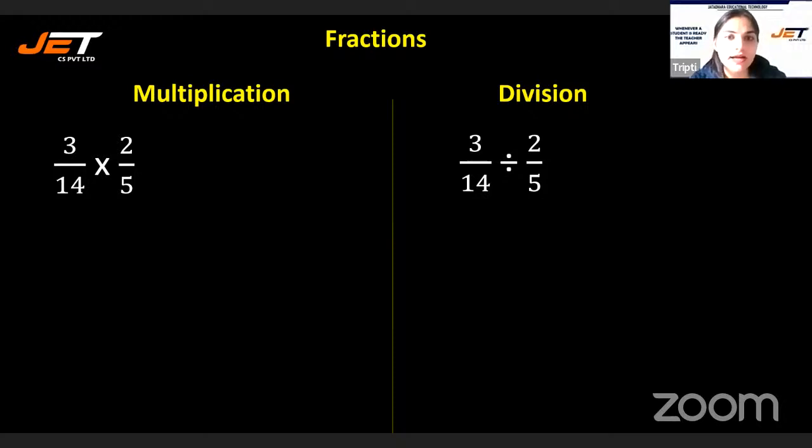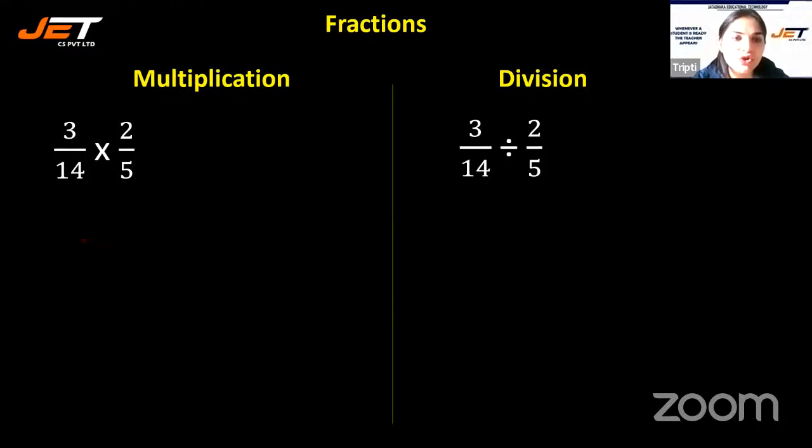I hope it's done. So 3 times 2 is 6. 14 times 5, 70. So 6 by 70, we will simplify.